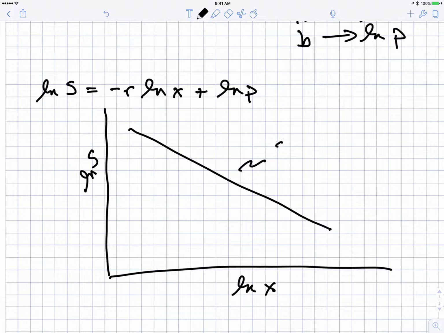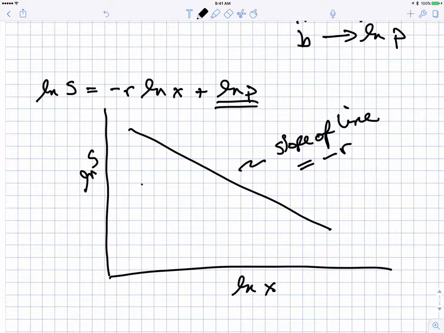The slope of the line. Now remember, this slope is the slope of this line on the graph. It's not the same as the slope s here. This is the slope on the mountain. But the slope of this line will equal minus r. The intercept is natural log of p. So if we continue this up, we would get an intercept here, which would be natural log of p.